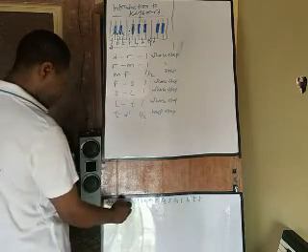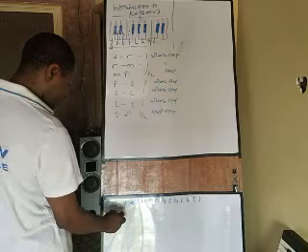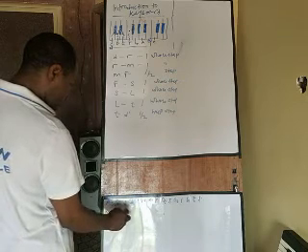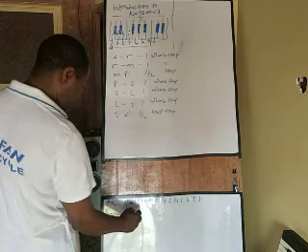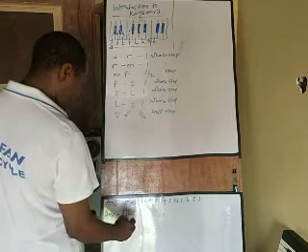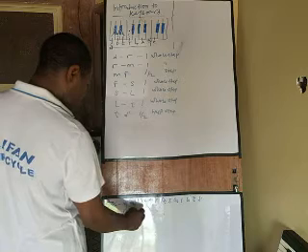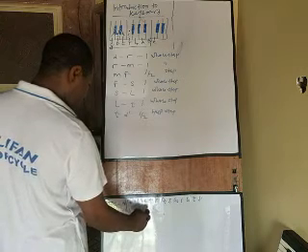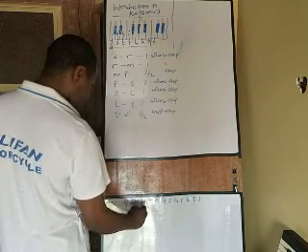That's ascending. If it's descending, it's going to be do, ti, to, la. Don't mix it up.